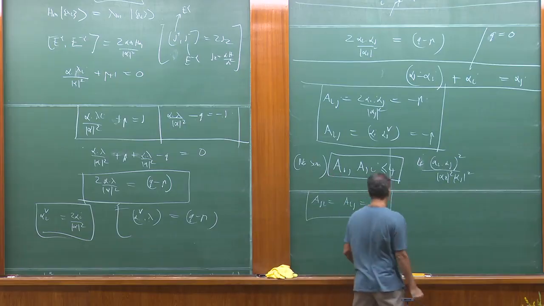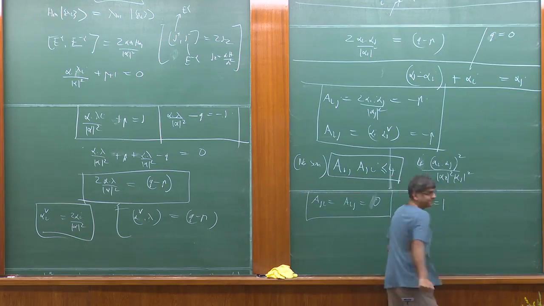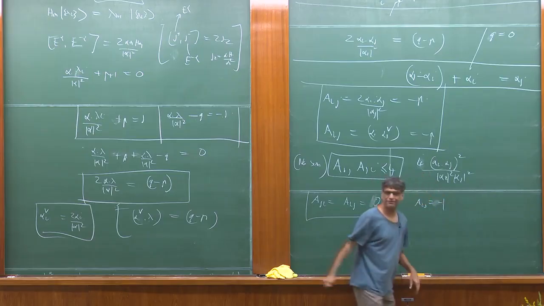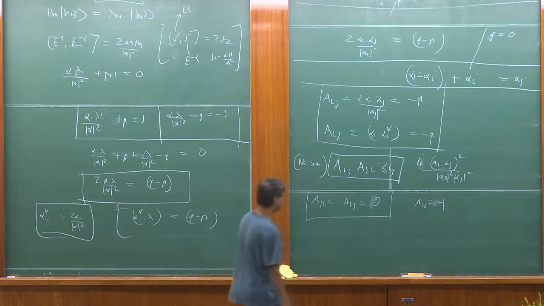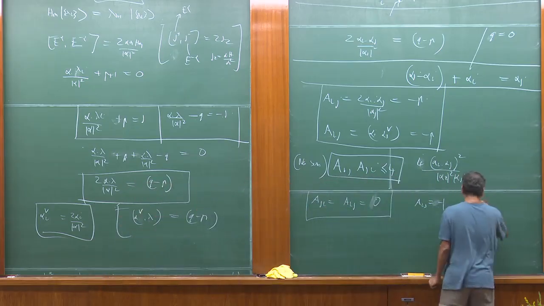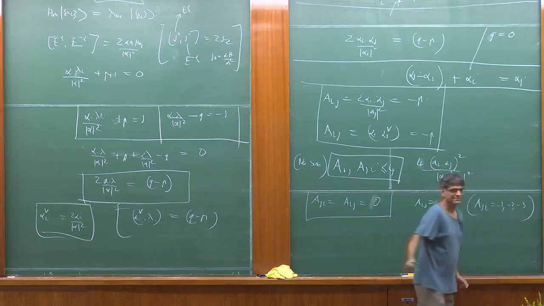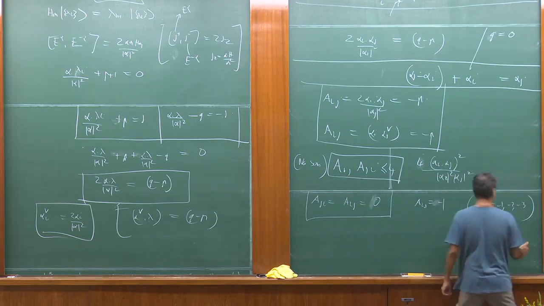Now we could have Aij equal to minus 1, always negative. In which case what would be allowed? Aji equal to minus 1, minus 2 or minus 3. Minus 4 also.